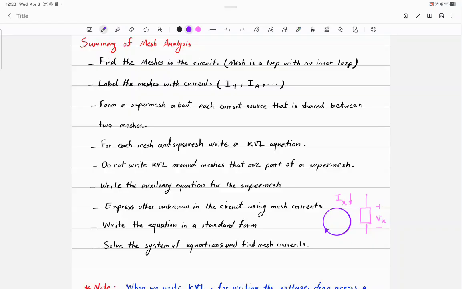No. Because if this is a resistor, R, you can also use R times ix. But sometimes it's a voltage source. Voltage source is pretty easy to write, right? You can just write it as plus or minus. Because you're entering from the positive terminal, you can just write it as positive Vx. Or sometimes you are interested in including that voltage in your equations. Okay? For example, the only thing unknown in the circuit is the voltage across this element, and you want to somehow include that in your equation. Then it's better to use its voltage.